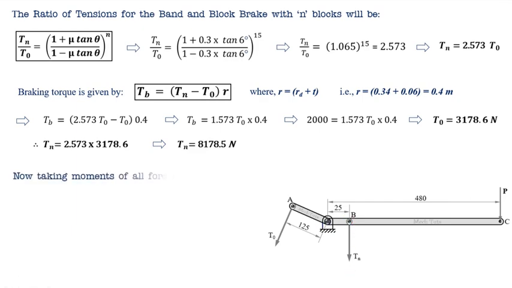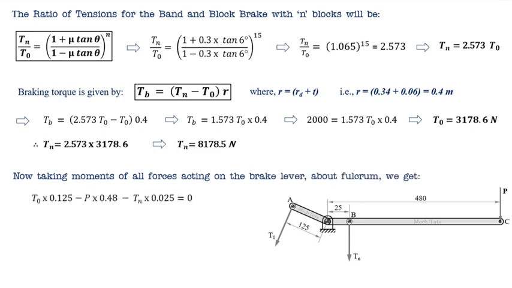So taking moment of all the forces on the brake lever about the fulcrum, we get T0 into 0.125 minus P into 0.48 minus Tn into 0.025 is equal to 0, where T0 is having the positive moment and P and Tn are having the negative moment.